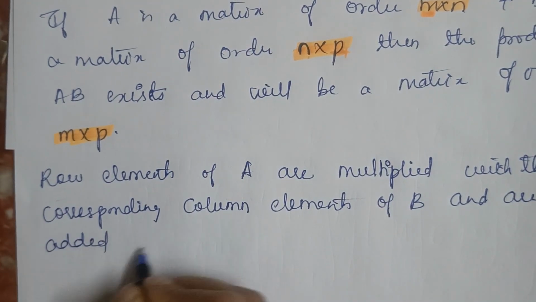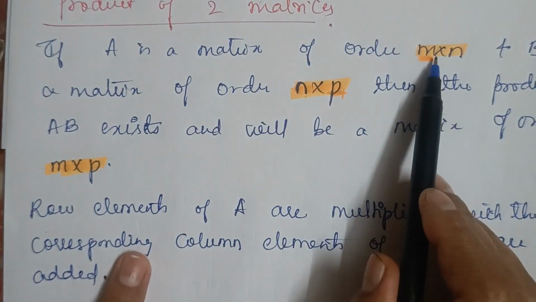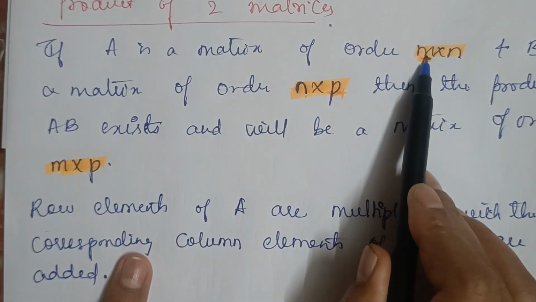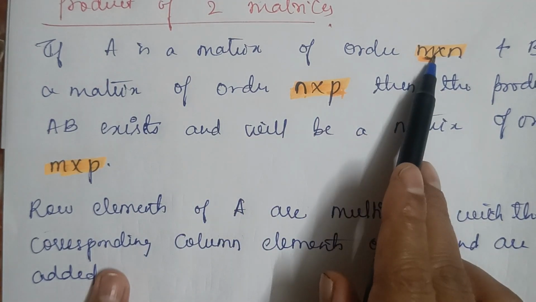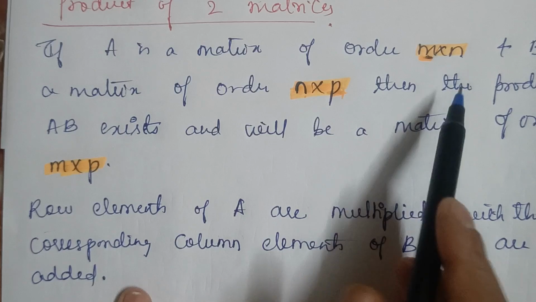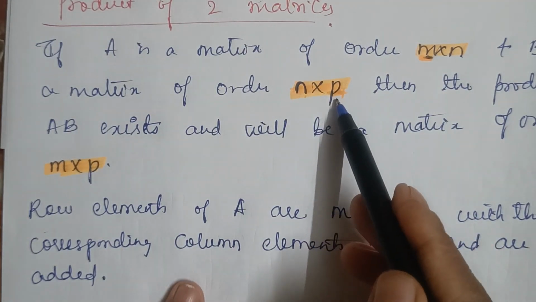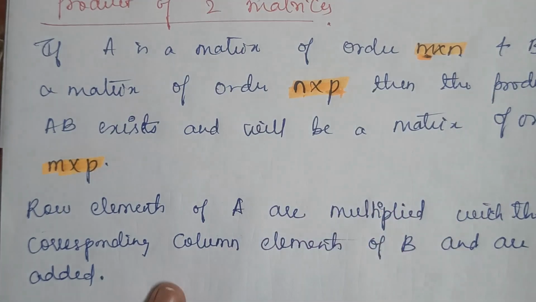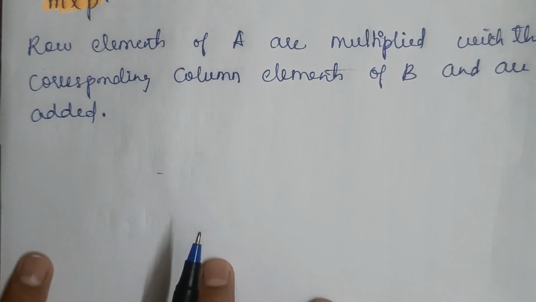I'll show you what it means. Here, row elements of this are multiplied with the column elements of matrix B, and they are all added. So once they are added, we will find the corresponding element.